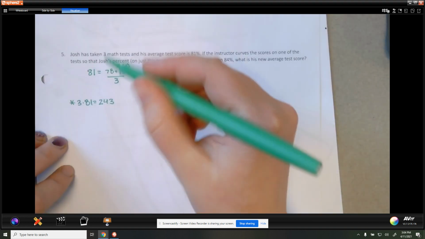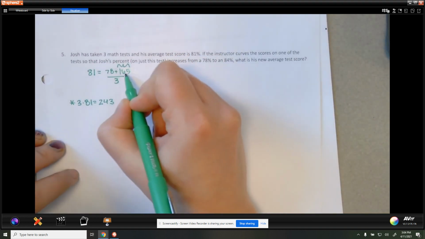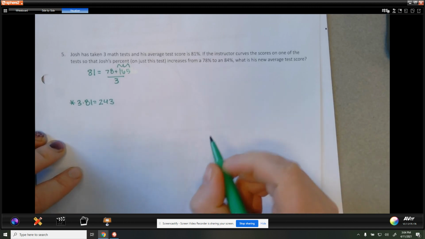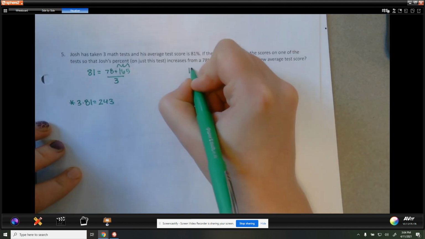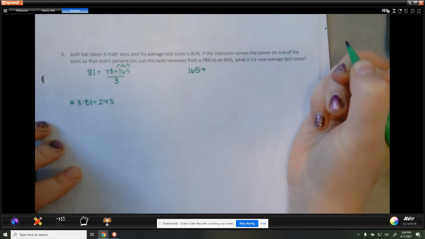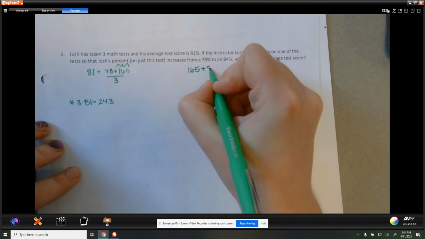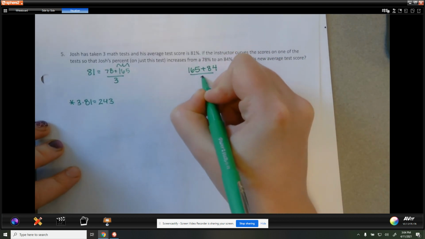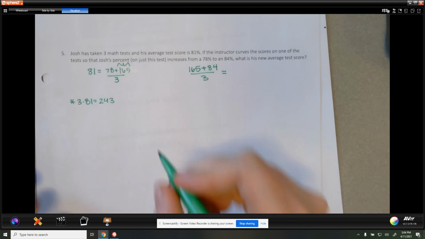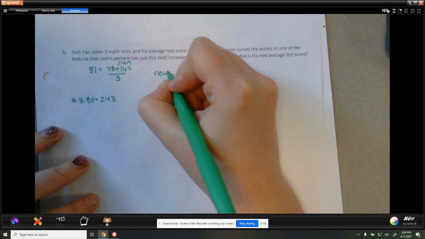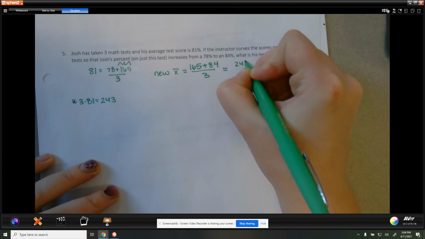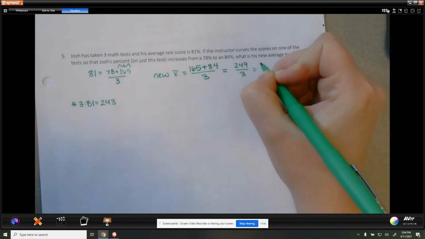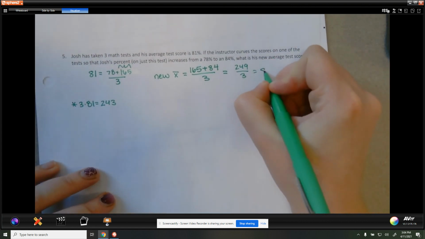Now these 2 other tests added to 165 points. We're going to curve this one. So we are now going to have 165 from those other 2 tests that stayed the same, plus this one's going to go up to an 84. We're going to divide that by 3. So this is the new average. 165 plus 84 is 249, divided by 3, which is an 83.